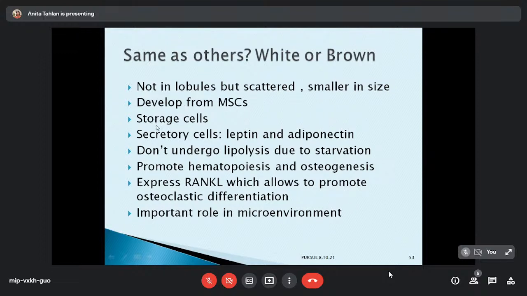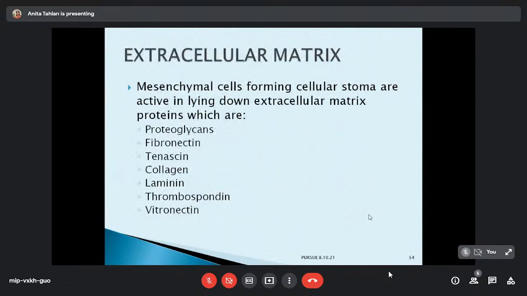In addition to storage, it also acts as a secretory cell with leptin and adiponectin. It doesn't undergo lipolysis. It promotes hematopoiesis and osteogenesis. It expresses RANK, which promotes osteoclastic differentiation. Overall, it has an important role in the microenvironment, which is being studied.